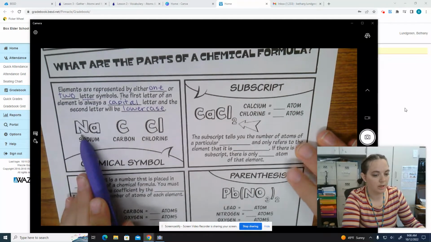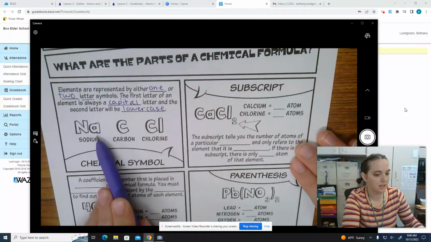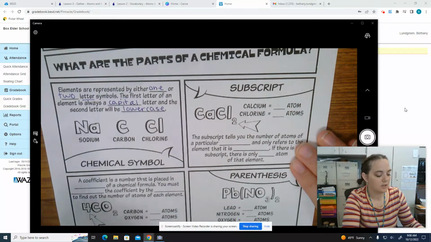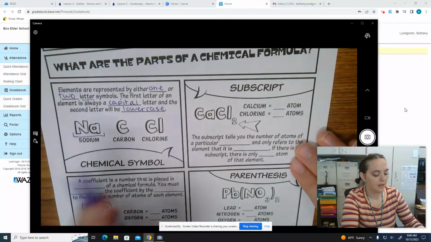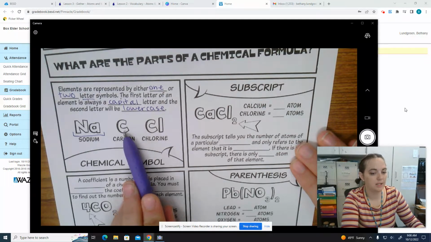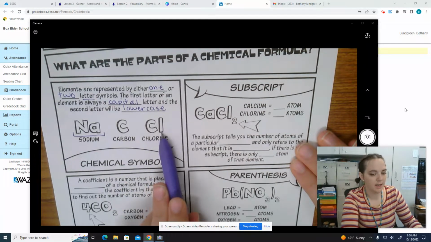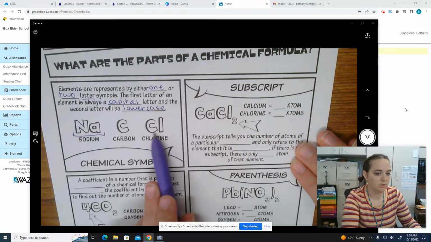You see how sodium, the first letter is uppercase, and the second letter is lowercase. So that means that this entire thing is one symbol. And then carbon only has one letter, and that one letter is uppercase. Chlorine is Cl, so the C is capitalized and the l is lowercase. So when you see a lowercase letter, it always belongs to the letter right before it.